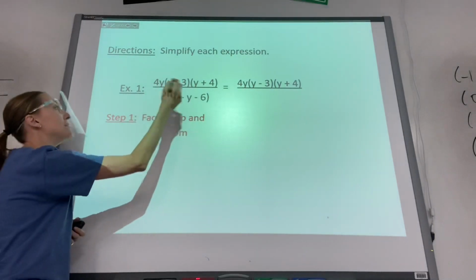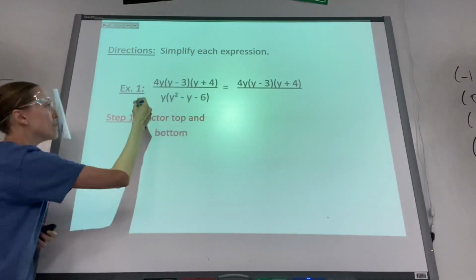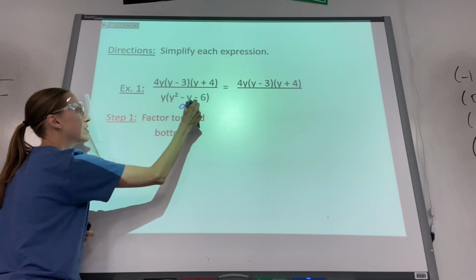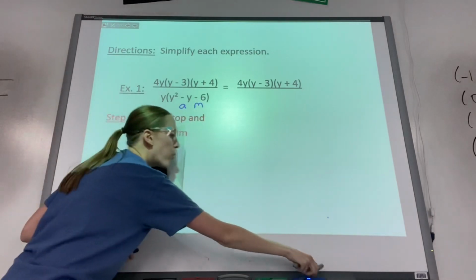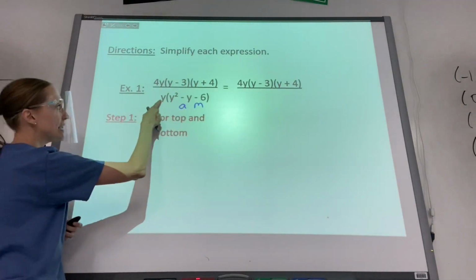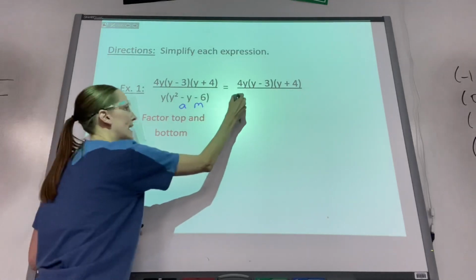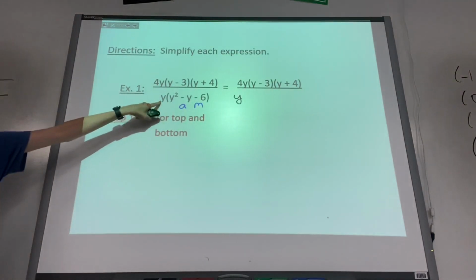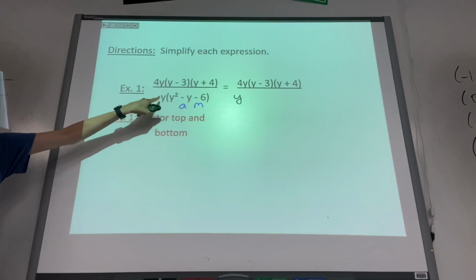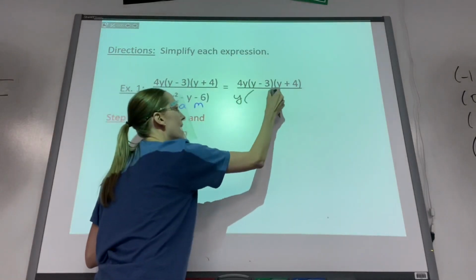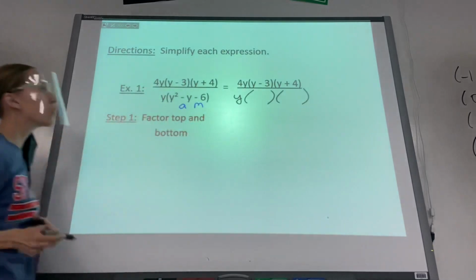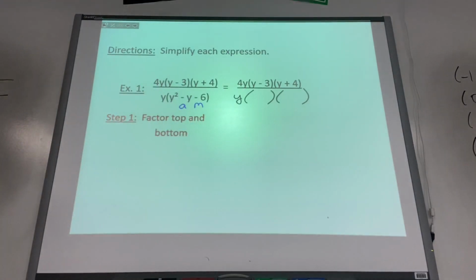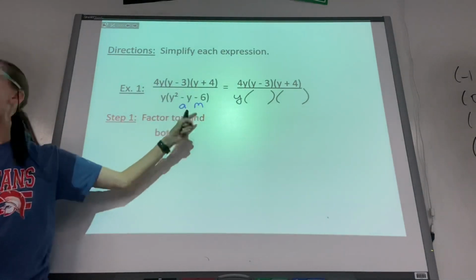That was my term, nice factoring. So to get this part factored on the bottom, we are going to leave this little y in front. You can't do a whole lot with that y yet, but let's set up a couple parentheses to do the nice factoring in the back.